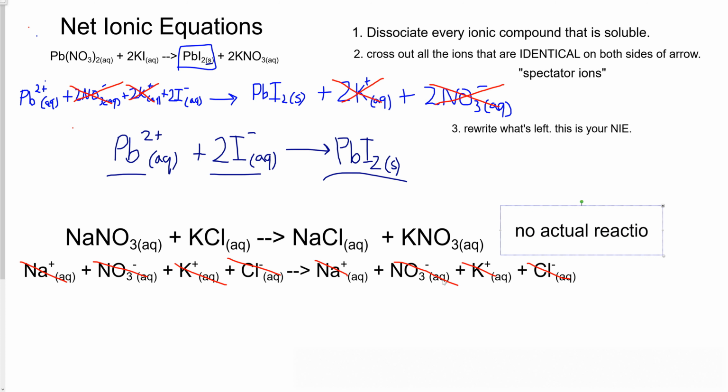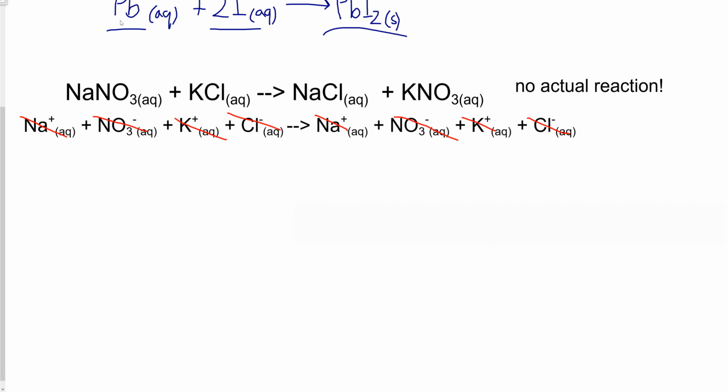So let's take a look at another one here. Let's take a look at a single replacement. So I'm just going to scroll down and dream up a single replacement. Let's do Zn3(PO4)2, that would be zinc phosphate.